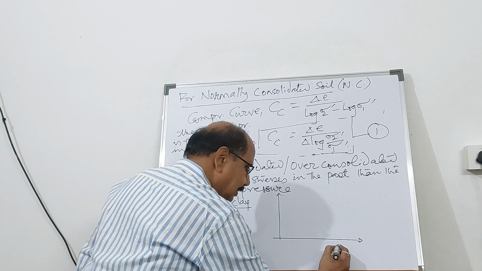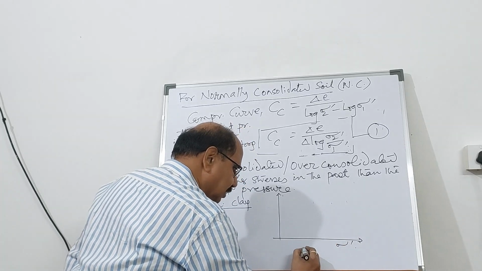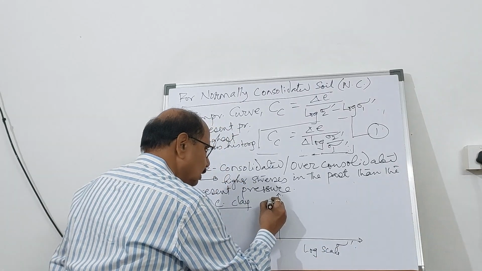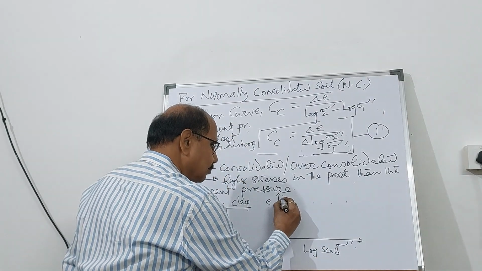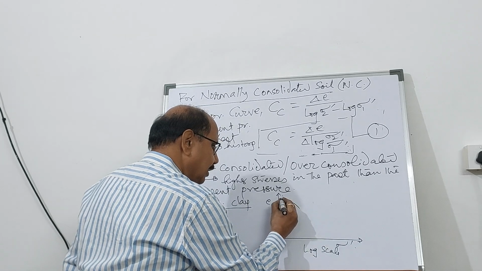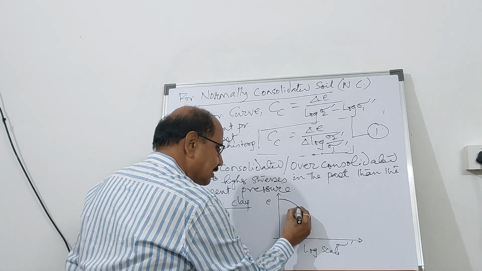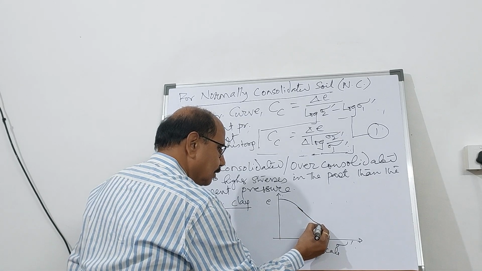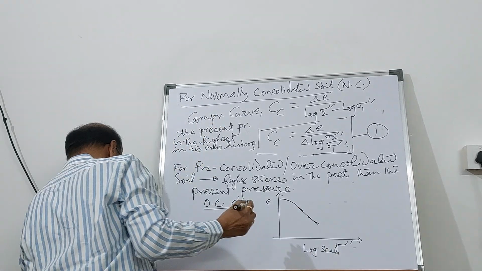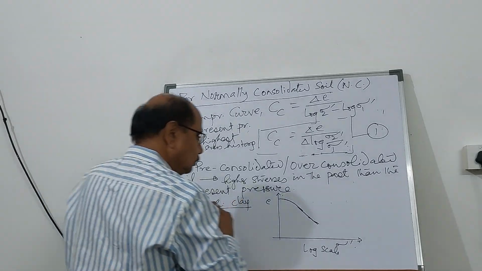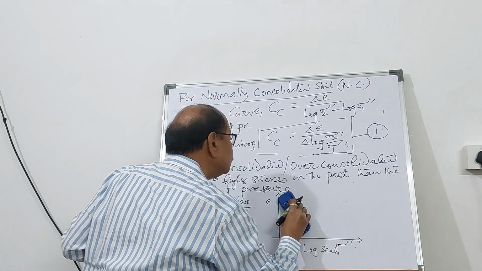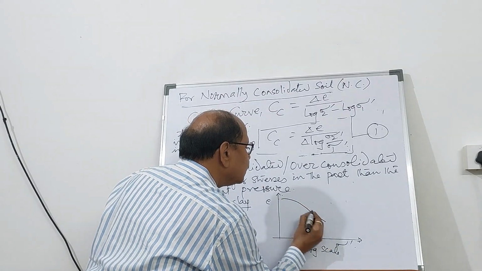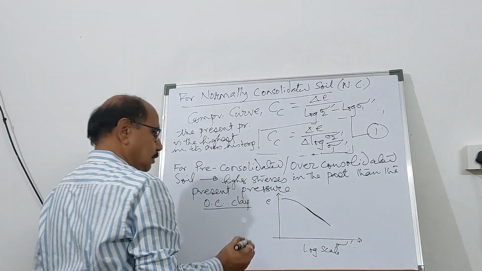So here, on the logarithmic scale, when you plot it, it becomes curvilinear like this, and then it becomes a straight line. So it is something like this.